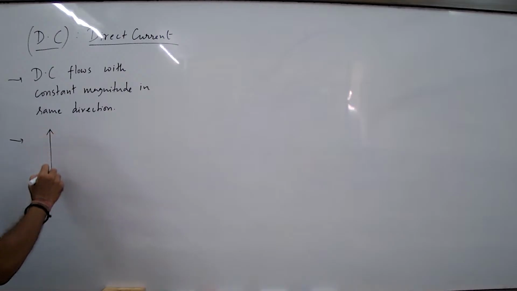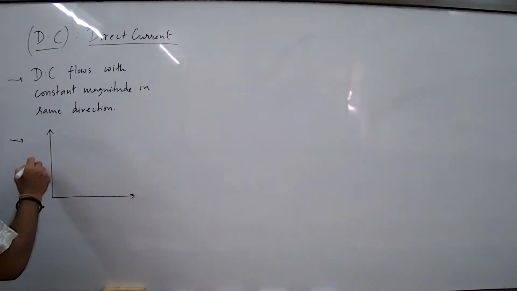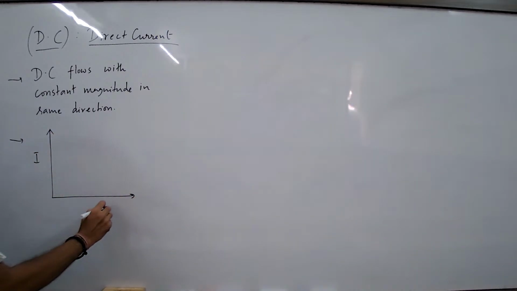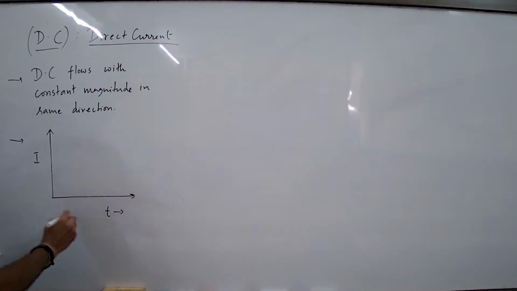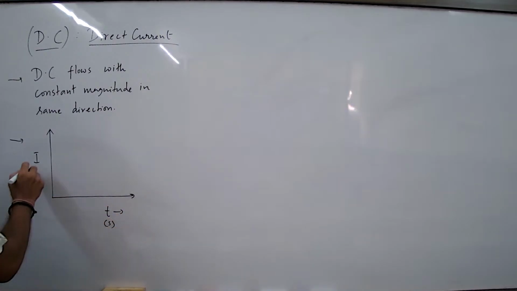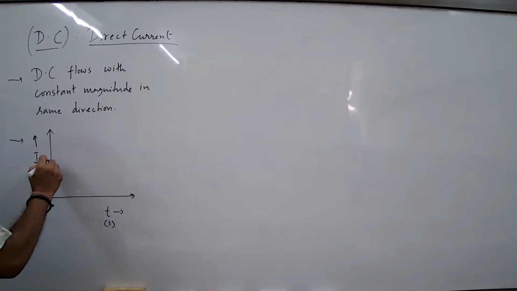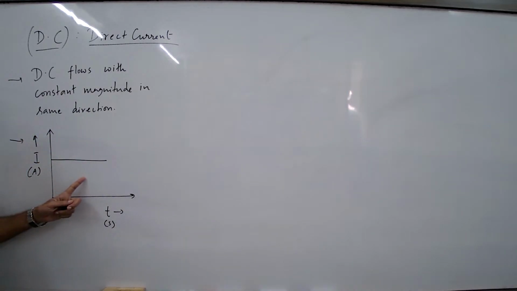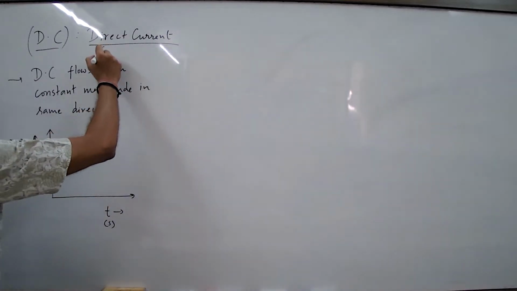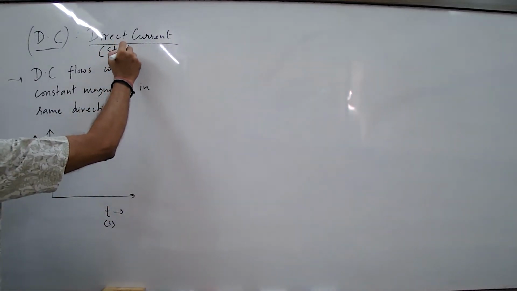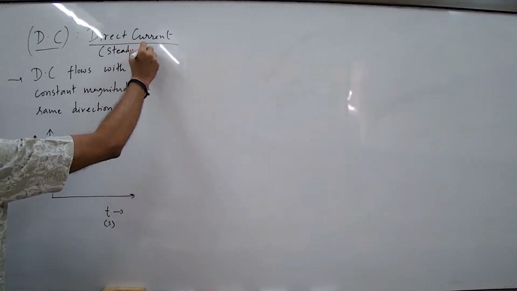Second, you can study it with the help of a graph. If you plot the current in a graph, this is time in seconds, this is current in ampere. So it is always constant. That's why it is also called steady current. It does not change with time.